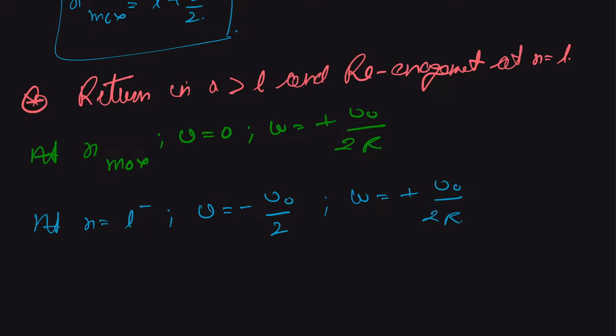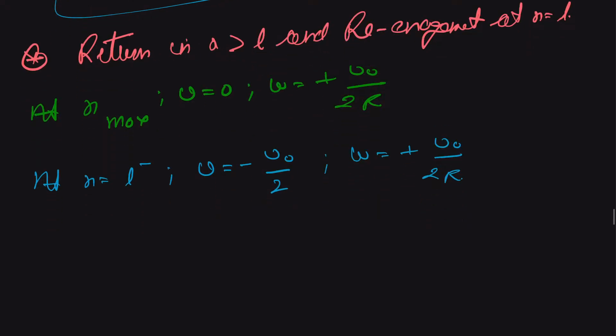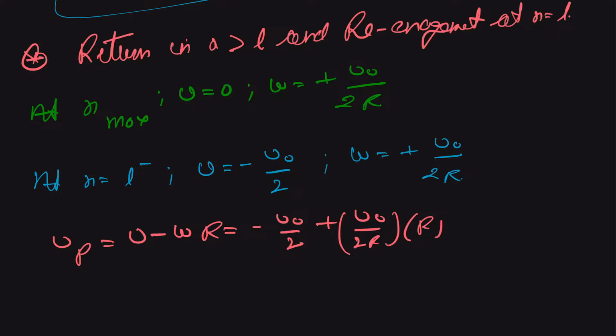And once again our velocity of the contact point, that is our p, will be equal to vp, and that is equal to v minus omega r, and that comes as v is minus v naught upon 2 minus omega, which is plus v naught upon 2r times r, and this r and r goes away.